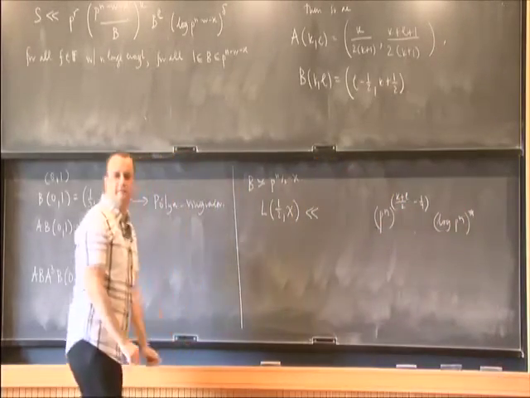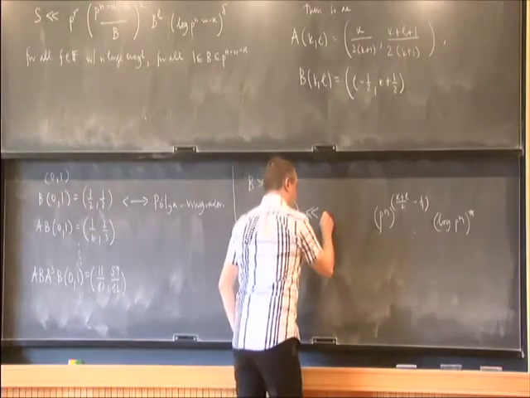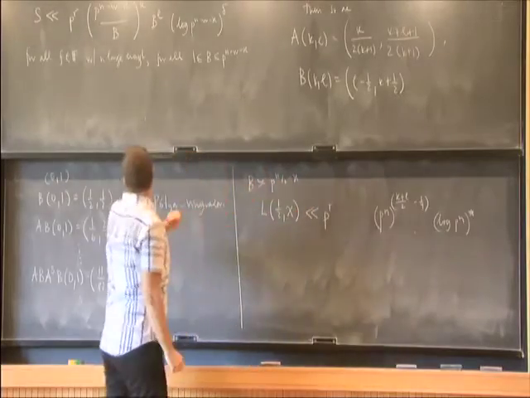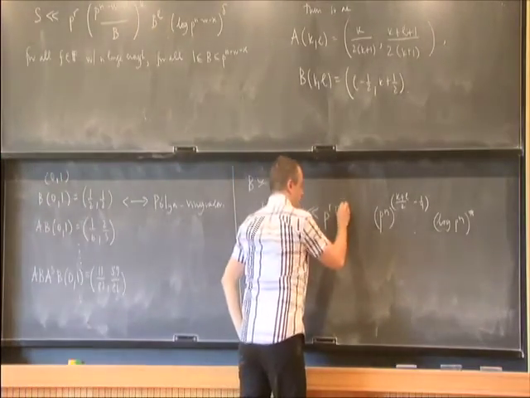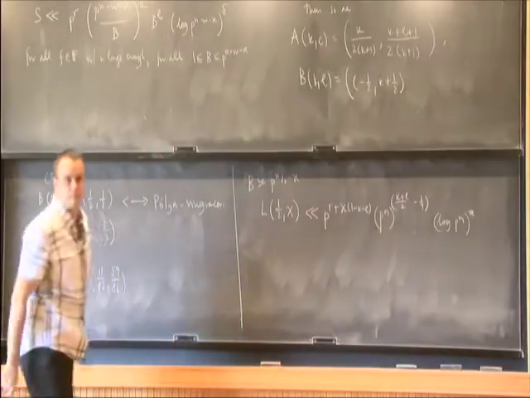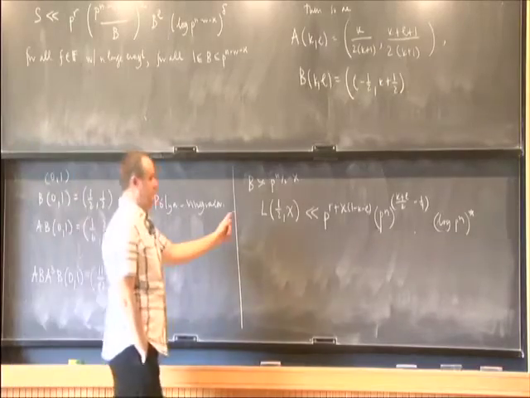It can be tracked, but it's not that important. And then there's going to be a power of p, which is actually p^(2r), where r is this guy that you have over there. And then there's also plus kappa times (1 - k - L). So you can go ahead, use summation by parts, use your estimate on the p-adic exponential sums, and you get this kind of a result.